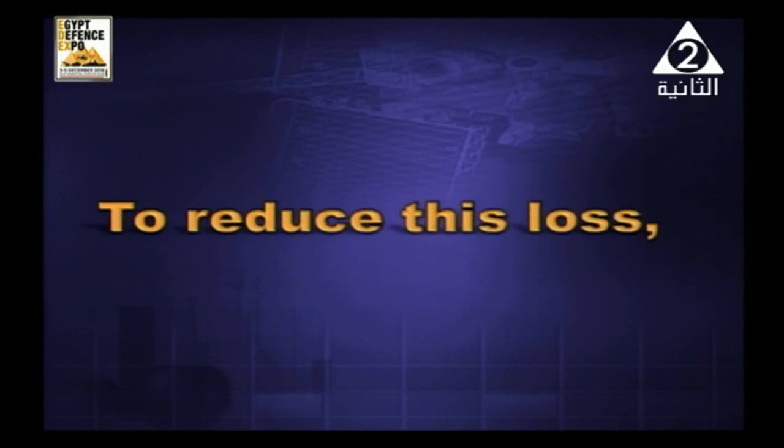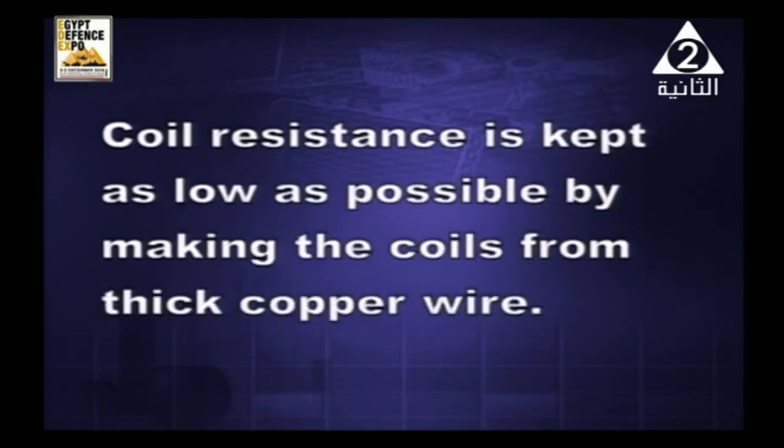How to reduce this loss? We cannot eliminate it, but we can reduce it. Coil resistance is kept as low as possible by making the coils from thick copper wires. So the coils should be made of copper because it has low resistance, to reduce the loss of power in the form of heat.